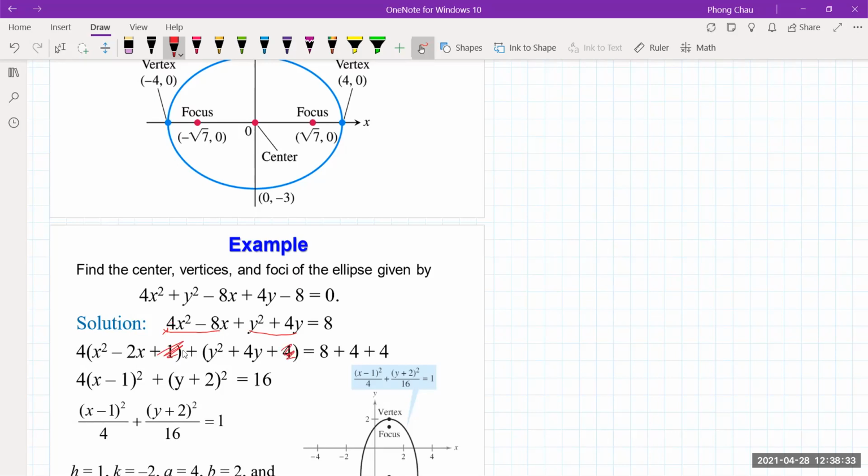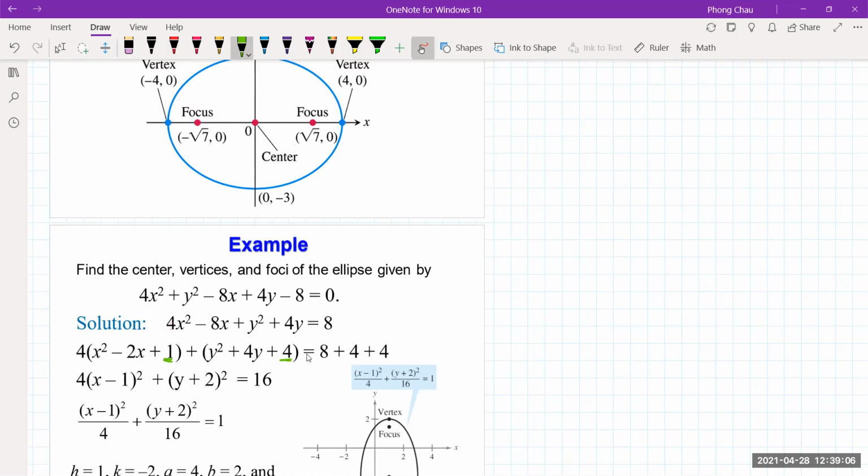We leave that space there and determine what we need to add to make it a perfect square trinomial. As we do, you take half of 2 and square, you get 1. And so we add 1 here. And then here, take half of 4 is 2, squared, you get 4, and then we add 4 over here.